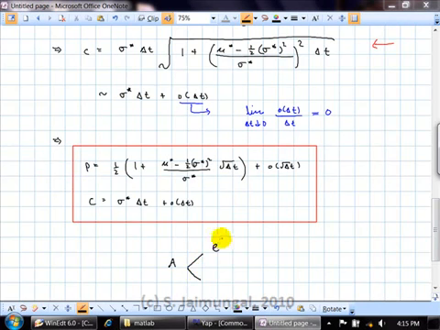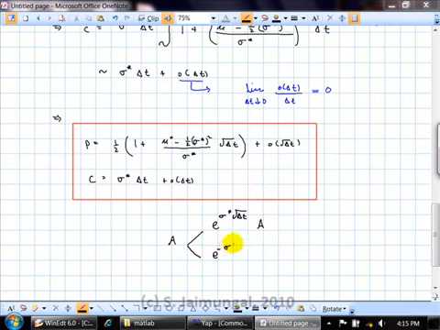A goes to A times e to the sigma star square root delta T, or A times e to the minus sigma star square root delta T. That's the result. Then this replicates the behavior that we observe in the market. Okay, questions?